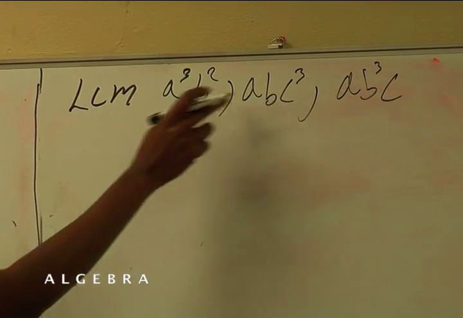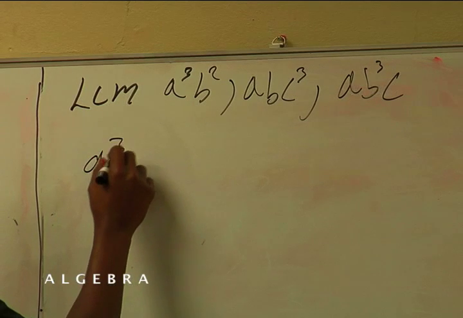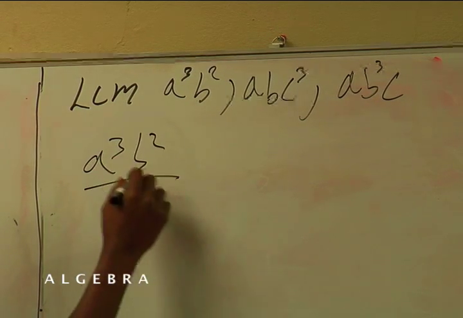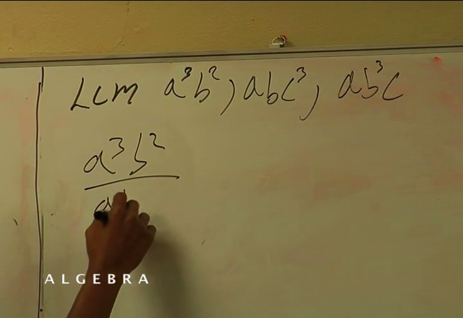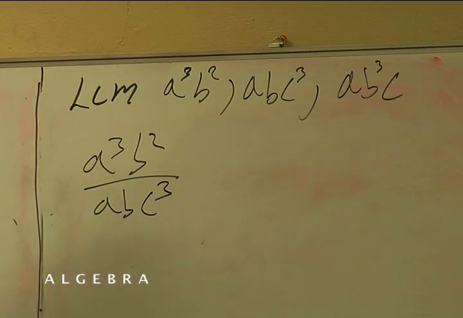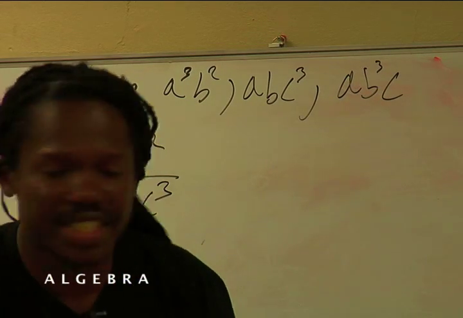You put the first one over the next one: a cube b square over a b c cube. Now, if you want to find out what's the smallest it can be.